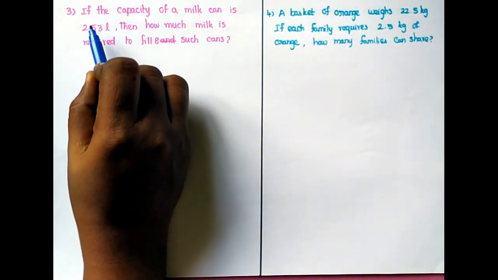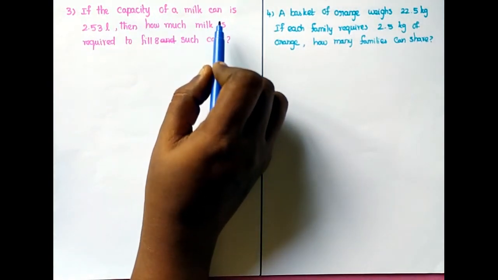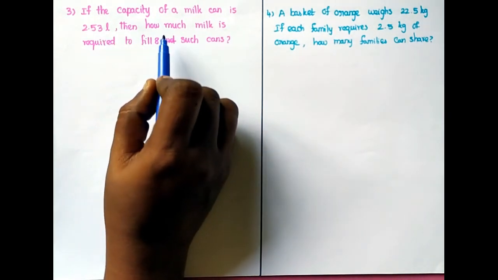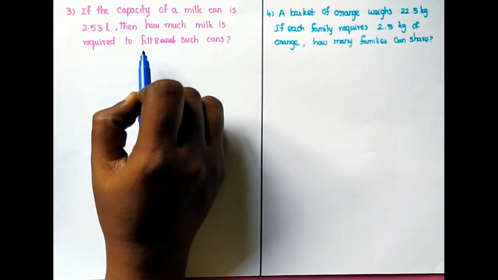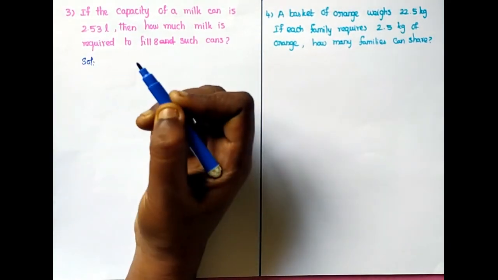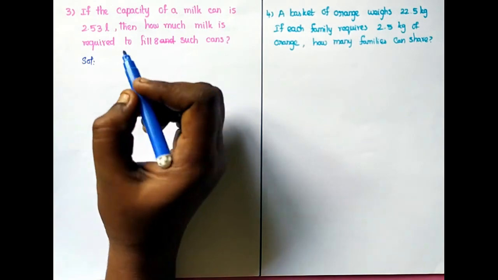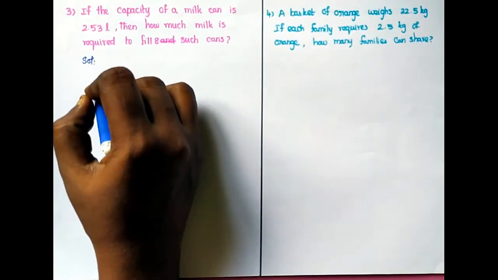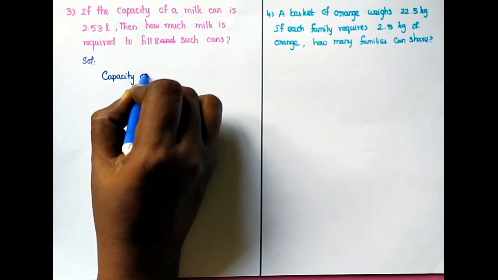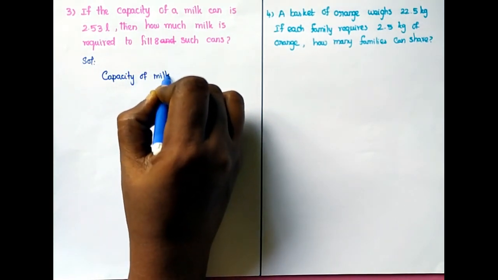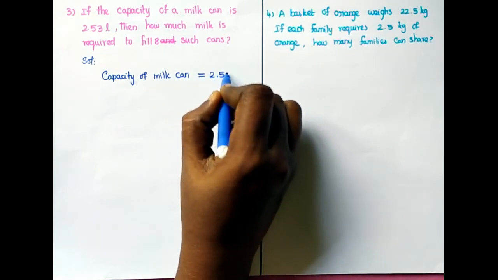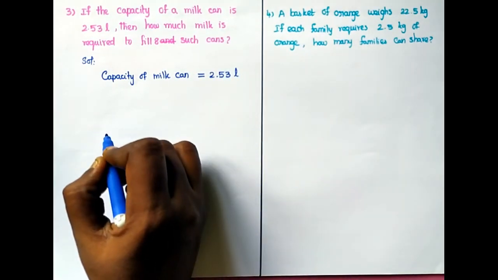Third sum, if the capacity of a milk can is 2.53 liters, then how much milk is required to fill 8 such cans? That is multiplication. So capacity of milk can, how much? 2.53 liters.